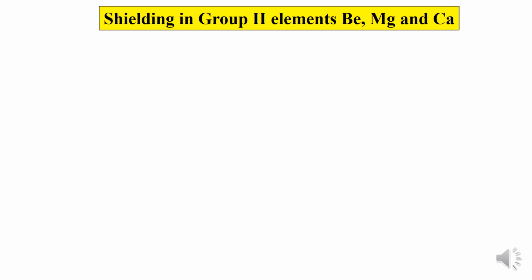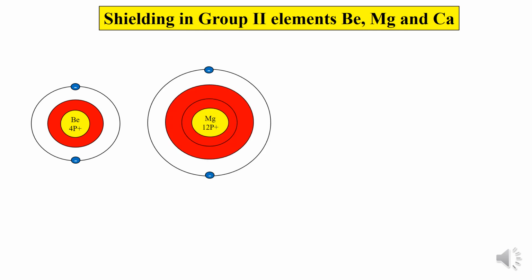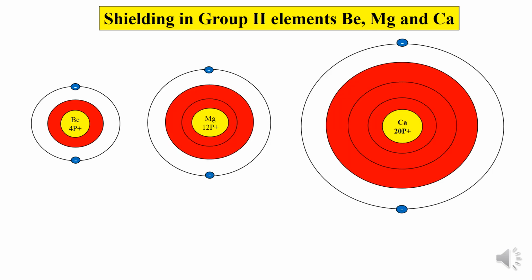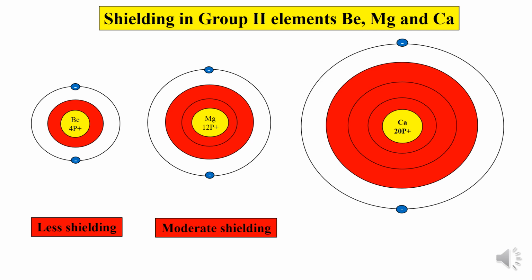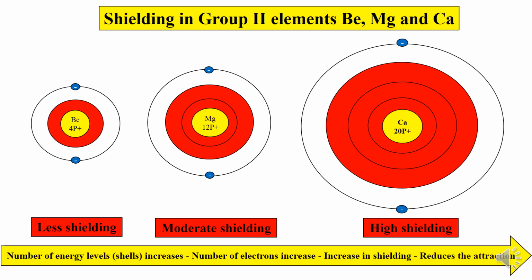Now, the shielding in group 2 elements beryllium, magnesium, calcium can also be visualized in terms of core electrons. As the number of core electrons increases, the shielding also gradually increases. So therefore, you find less shielding in case of beryllium, moderate shielding in case of magnesium, and high shielding is seen in case of calcium.